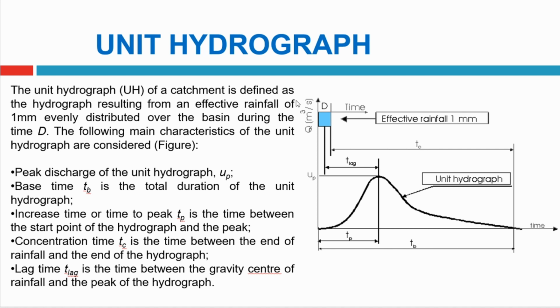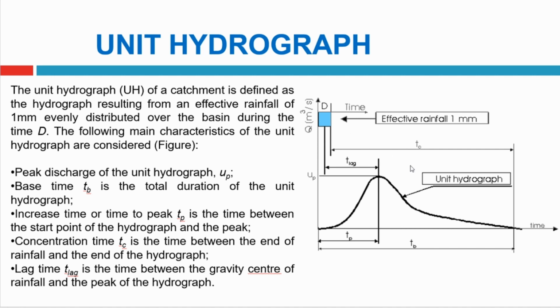Now I'll try to explain one more time what a unit hydrograph is. Unit hydrograph is basically that there is a unit rainfall that has happened. Unit rainfall may be 1 mm, 1 centimeter, or anything that you define. So if 1 centimeter of rainfall has happened evenly on the catchment area, after all the abstractions like infiltration, evaporation, evapotranspiration have been removed, the excess or effective rainfall is distributed evenly on the catchment area, and whatever discharges you measure in the stream, if plotted, is represented by the unit hydrograph.